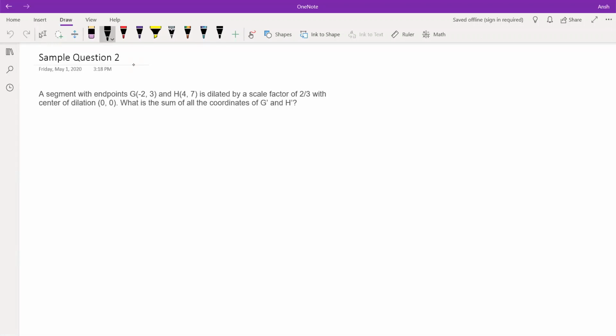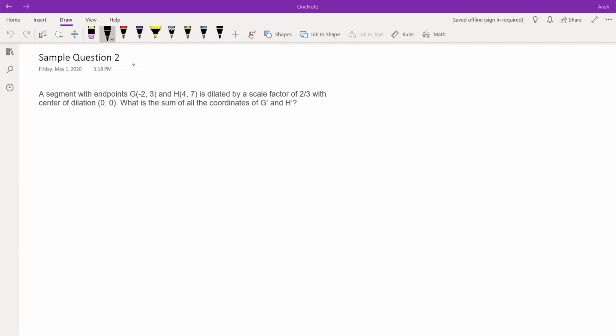The problem tells us that it is dilated by a scale factor of 2/3 with a center of dilation of (0, 0), and it asks what the sum of the coordinates of the new points is. When dilating about (0, 0), we're basically just multiplying all the coordinates by 2/3.